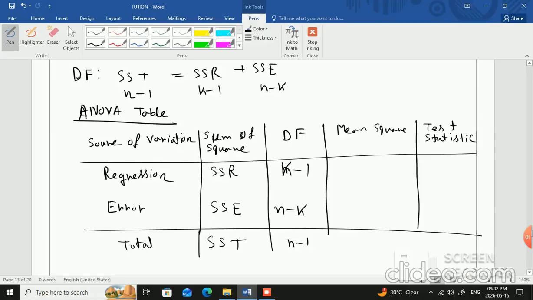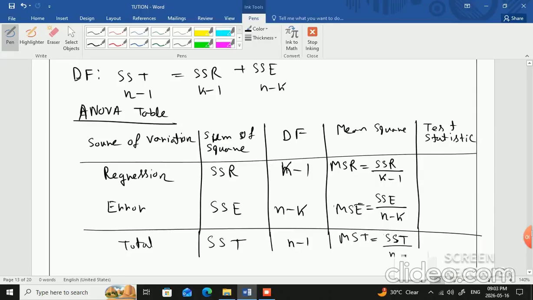Their mean squares: mean square regression is sum square regression by its degrees of freedom k minus 1. From sum square error we get mean square error, equal to sum square error by its degrees of freedom. Here we also get mean square total, sum square total by degrees of freedom.